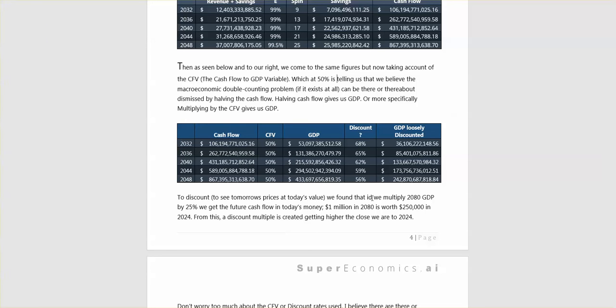We found that if we multiply 2080 GDP by 25%, we get the future cash flow in today's money. 1 million in 2080 is worth 250,000 in 2024. From this, a discount multiple is created, getting higher as we get close to 2024. There we go.